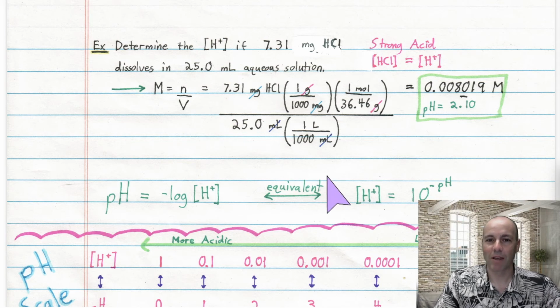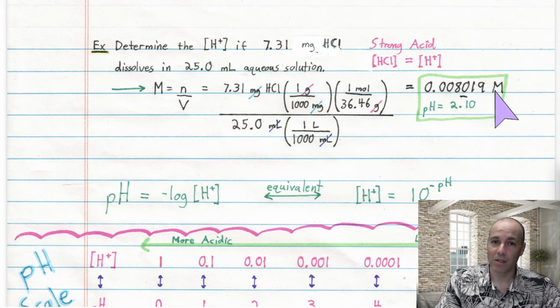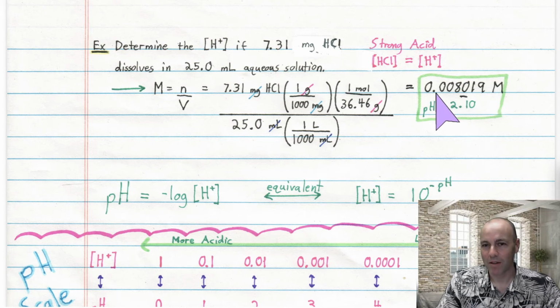And when you run this calculation, you get 0.008019 molarity, and remembering that the molarity of HCl, since all of the HCl dissociates into H pluses, that's also the molarity of the H pluses. So the molarity is 0.008019, two sig fig number, and this proton concentration is pH 2.1.